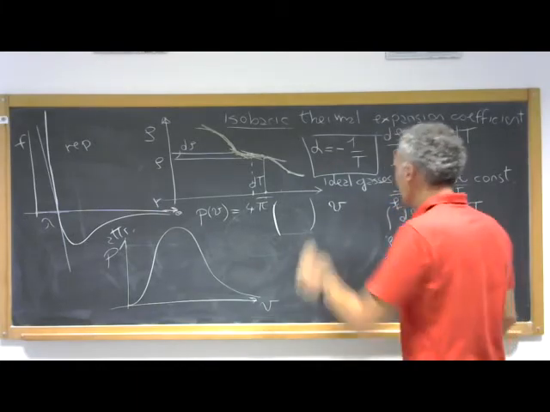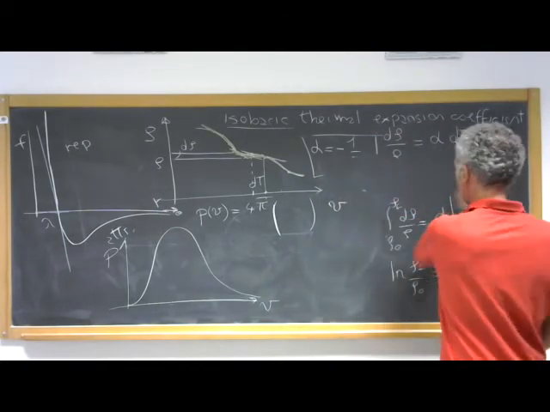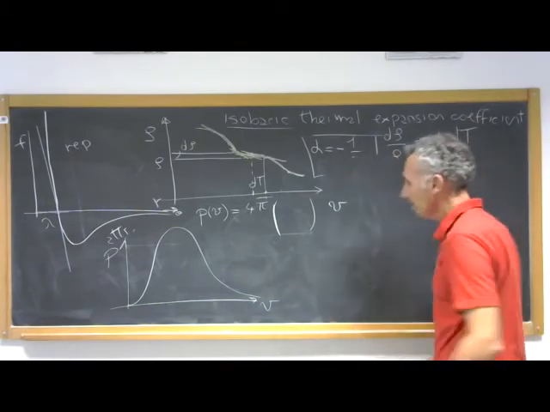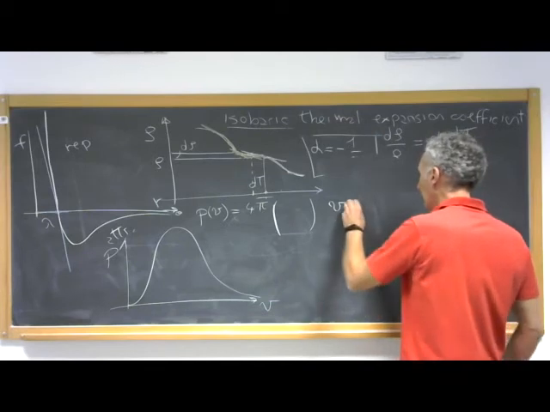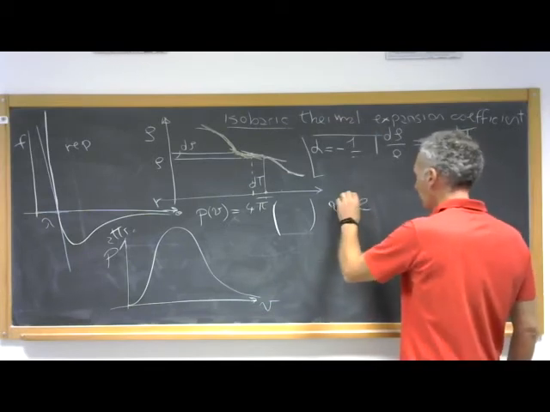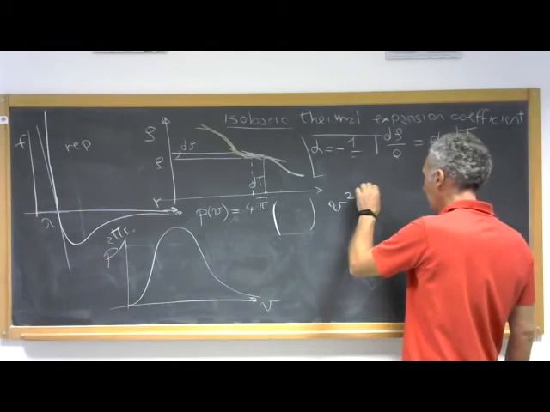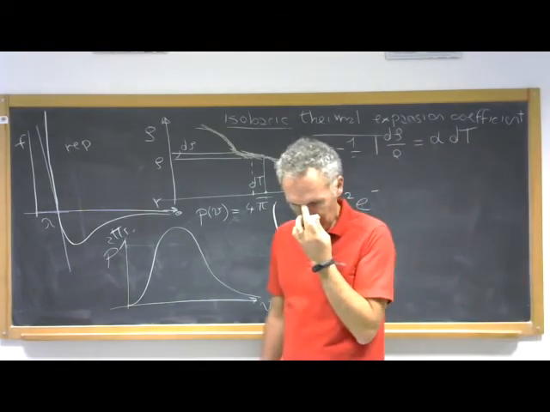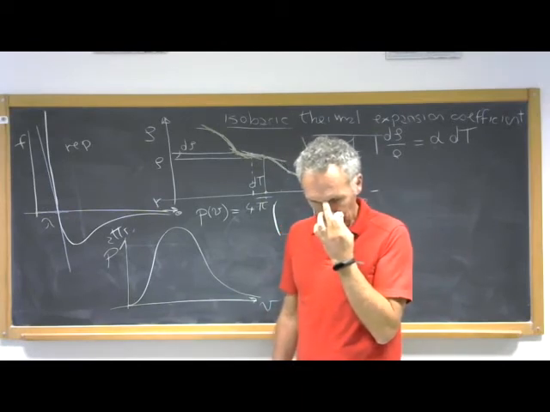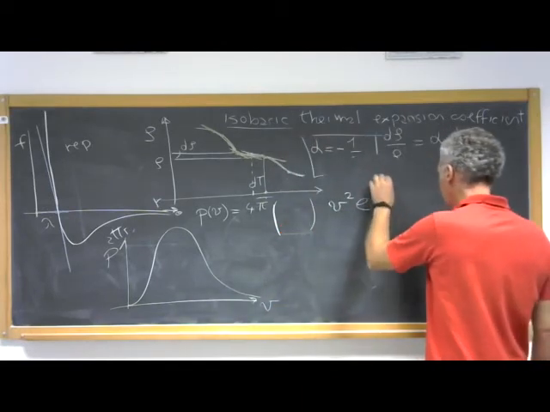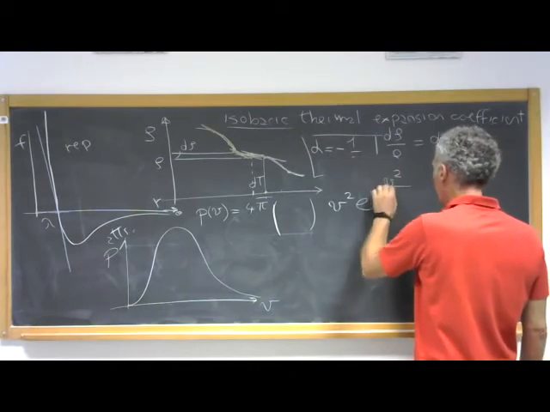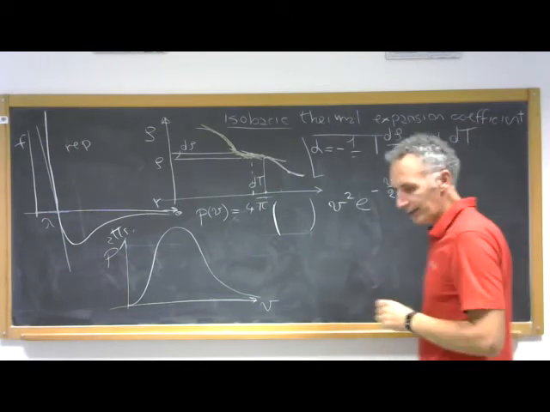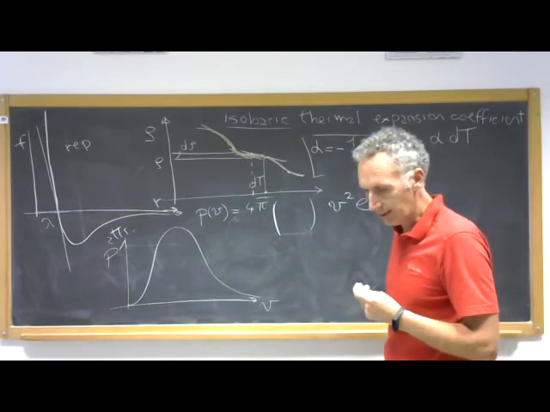And then there is an exponential. And this exponential part is made in this way. Here we have v squared, and this would be e to the minus, because it is decreasing. It should be v squared by 2T. I will tell you in a moment what this T is.